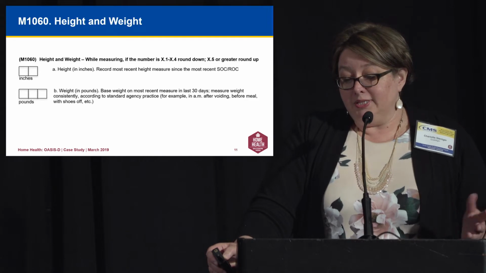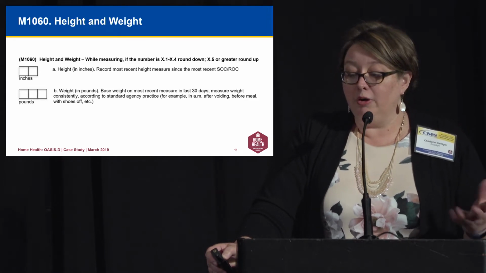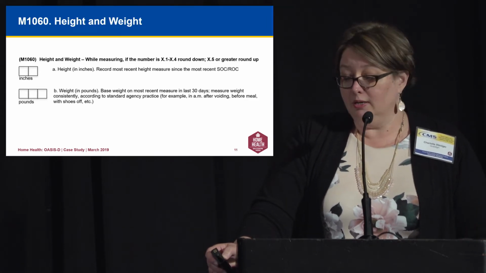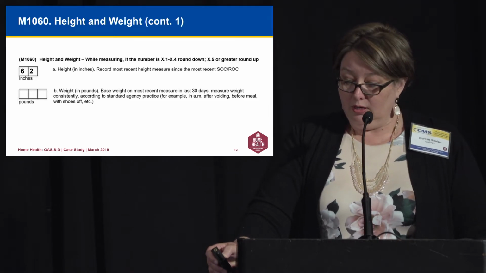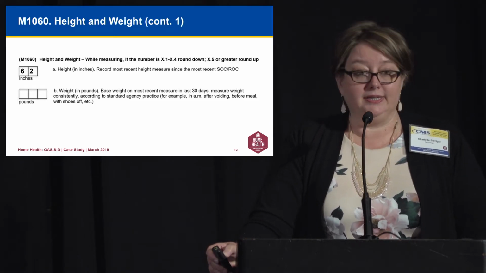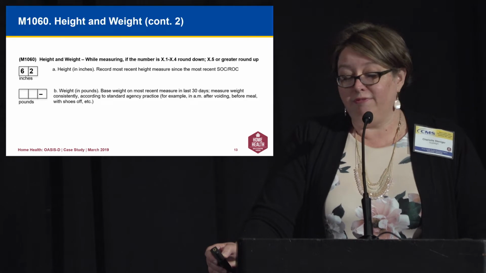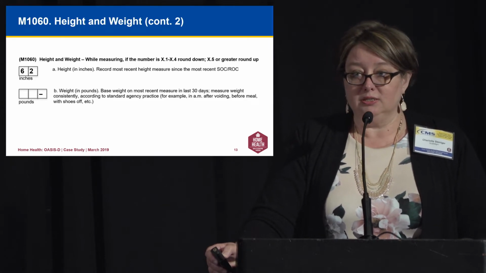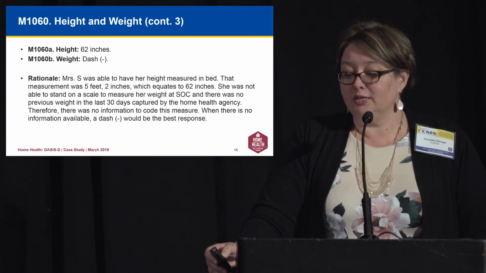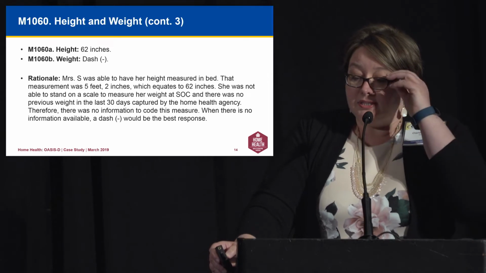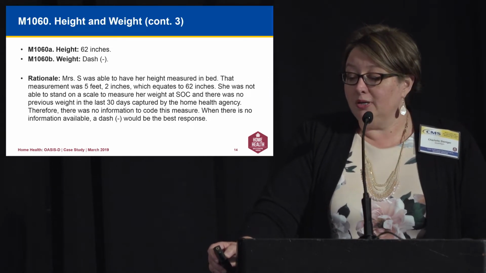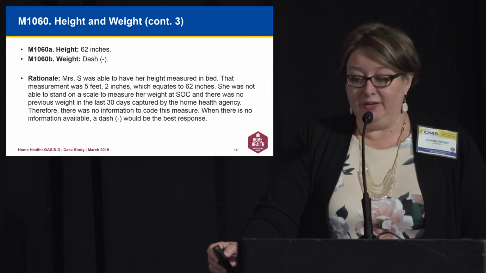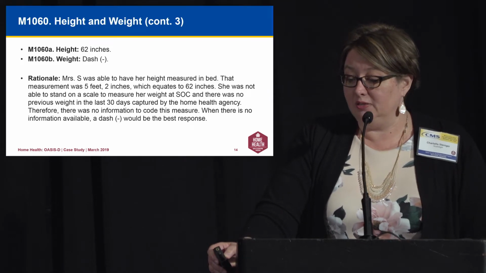So with M1060 height and weight, what do we get? That's the first question. And you'll see for height, we got 62 inches, and for weight, we got a dash. So let's talk about the rationale. Mrs. S was able to have her height measured in bed. That measurement was 5 feet 2 inches, which equates to 62 inches.